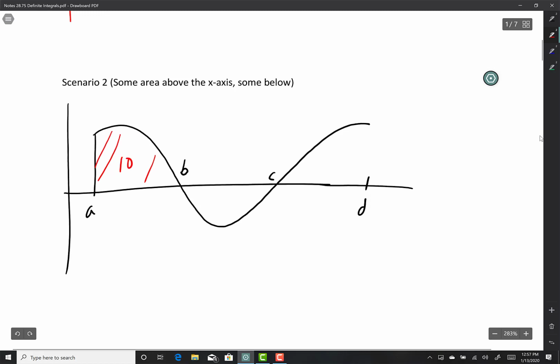I'm going to say this is 10. The area between B and C, I'm going to say this is 5. And the area between C and D, and notice the color coding that I'm doing, I'm going to say this one's 8.